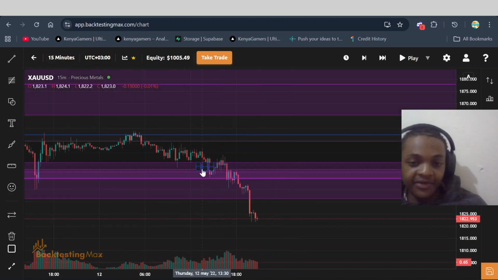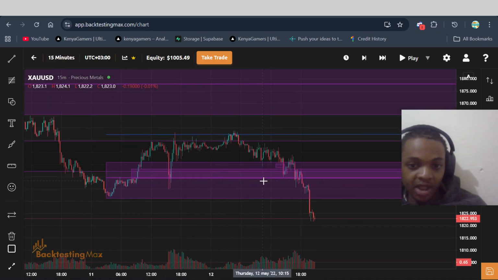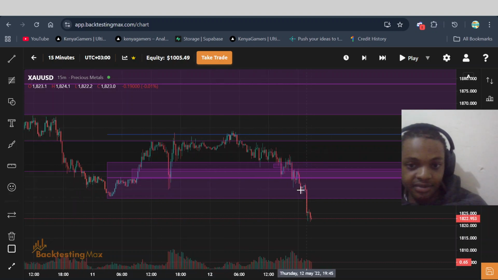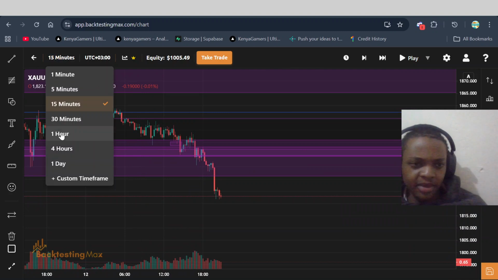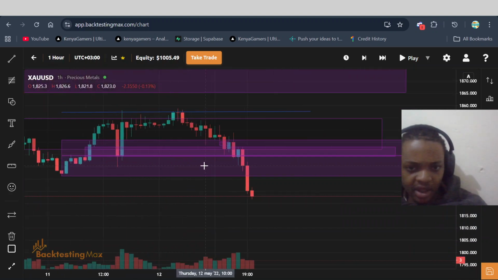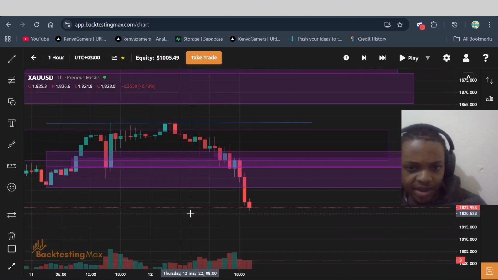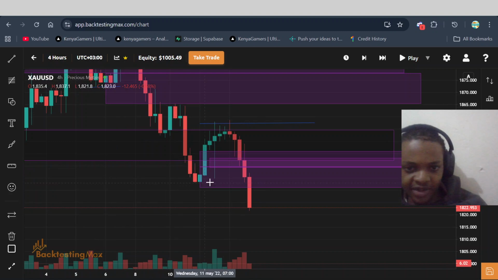Then we came down to the 15-minute time frame. We saw this change of character. We saw the change of character. I think there was a bullish FVG. Okay, there wasn't any bullish FVG on the 1 hour time frame.